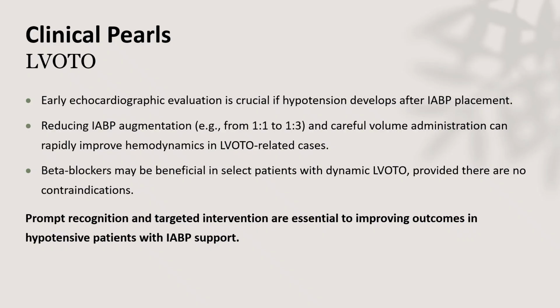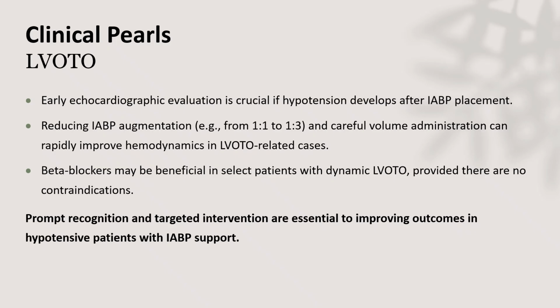It's very important for left ventricular outflow tract obstruction to have early echo evaluation to diagnose the cause of hypotension if it develops after intra-aortic balloon placement. Also, reduction of intra-aortic balloon pump augmentation from 1:1 to 1:3 is important. Careful volume administration will rapidly improve the hemodynamics in a patient who has LVOT obstruction.